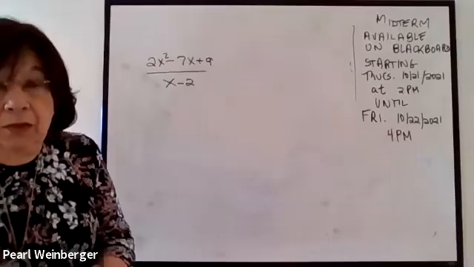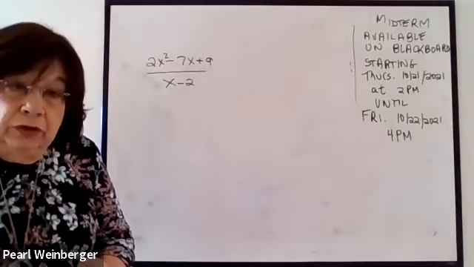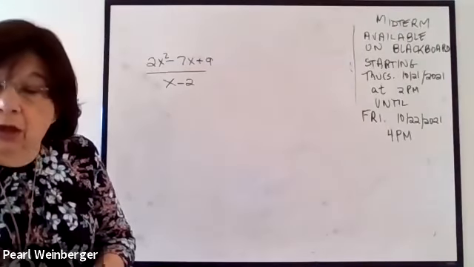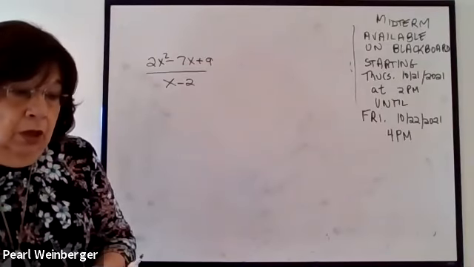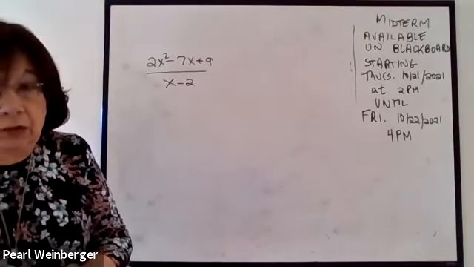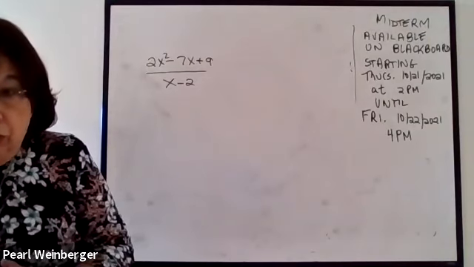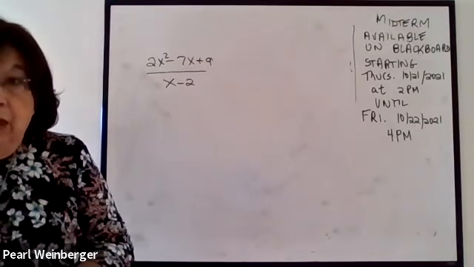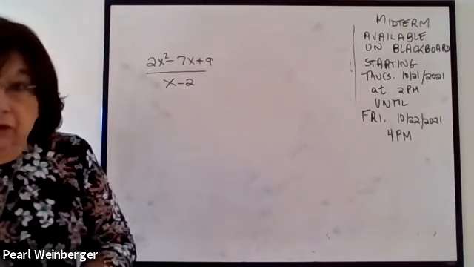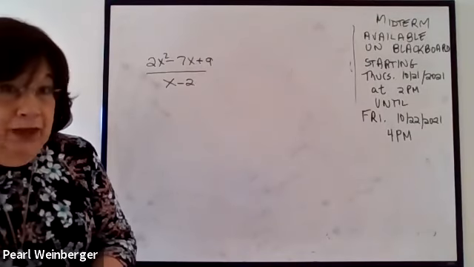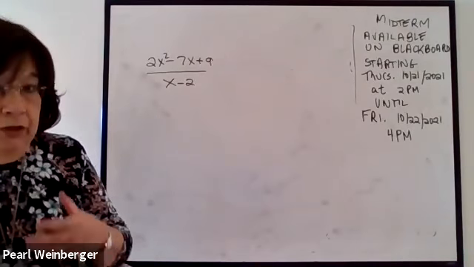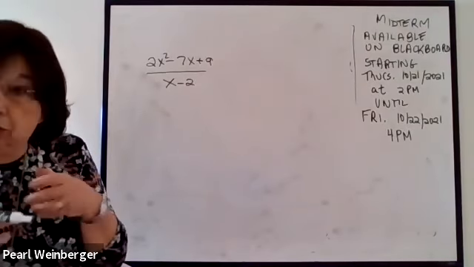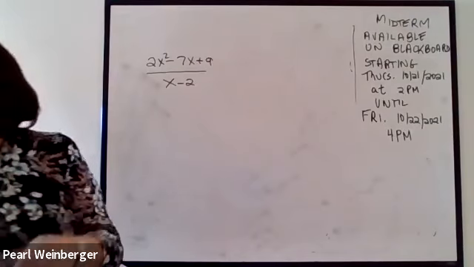There is another method that sometimes can be used with dividing polynomials. It's called synthetic division. I don't teach it here. I teach what's called long division. I'm going to remind you of the steps involved in regular long division, because long division of polynomials uses the same steps.